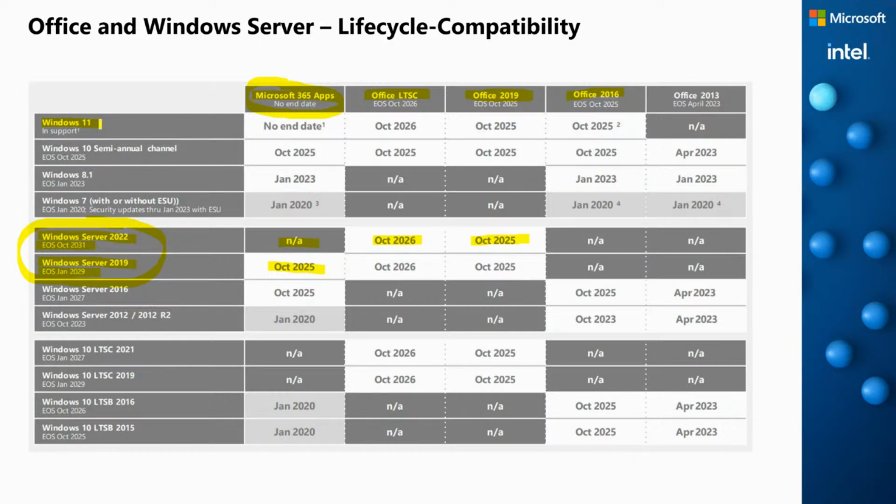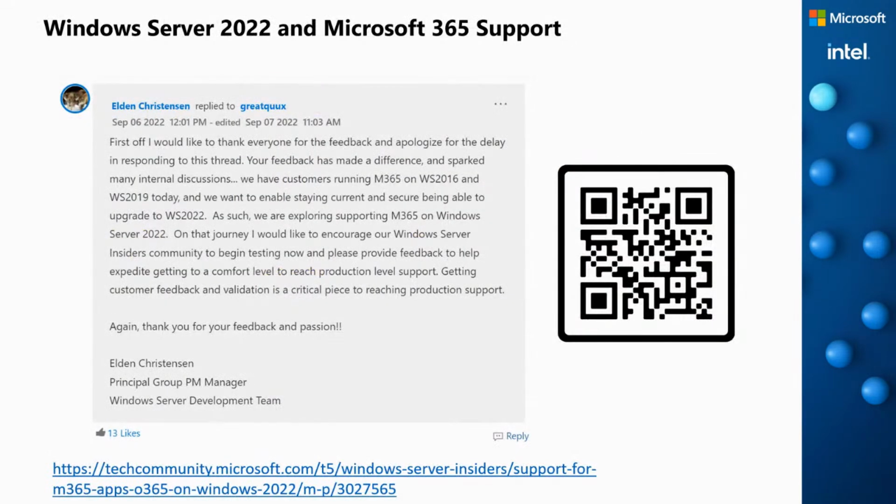So Microsoft said, okay, we heard your feedback again, dear customers. We will have a look at the support for Microsoft 365 apps on Windows Server. And the discussion already started at the end of last year, but the first feedback from Microsoft was in September. So we can see here the 6th of September, Weldon Christensen wrote, okay, we will check if this can be possible.